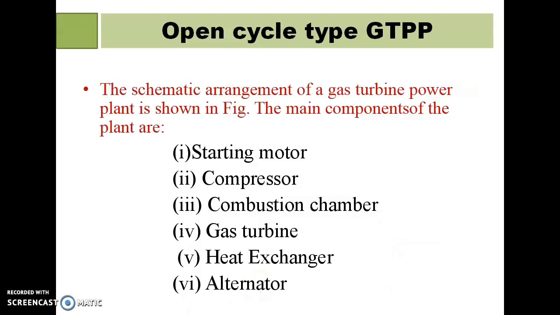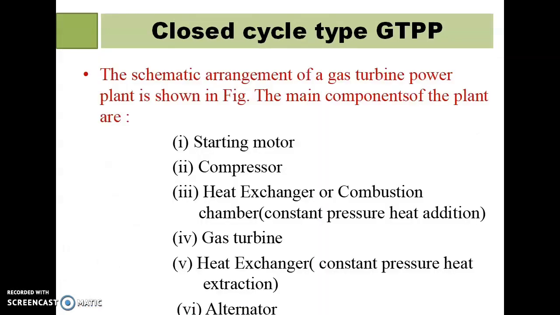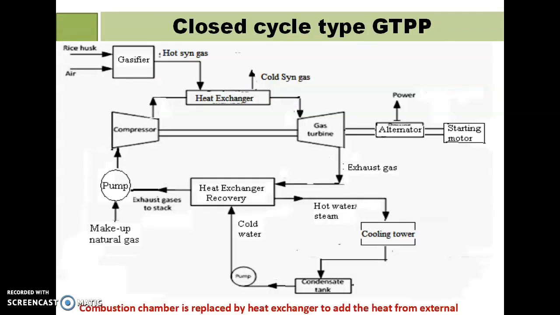While in case of the closed cycle turbine, what happens? All the components of the closed cycle are the same. It consists of the starting motor, compressor, heat exchanger, gas turbine, then another heat exchanger, and then the alternator. So this is the diagram of the closed cycle type turbine.